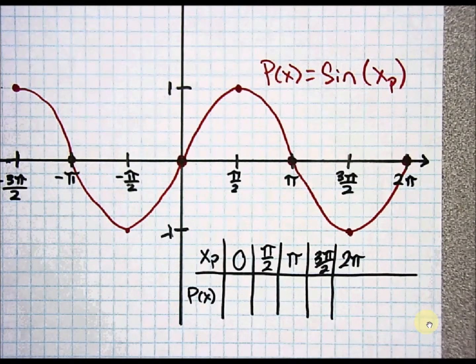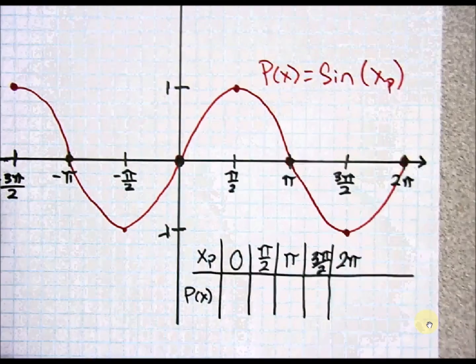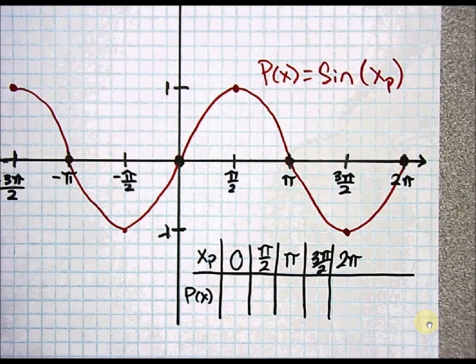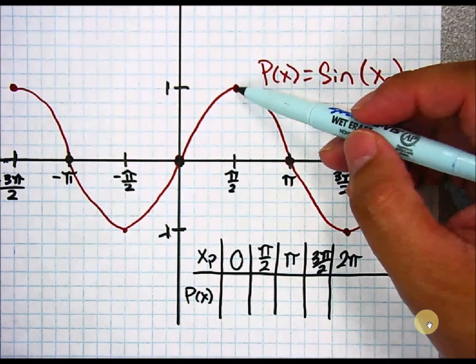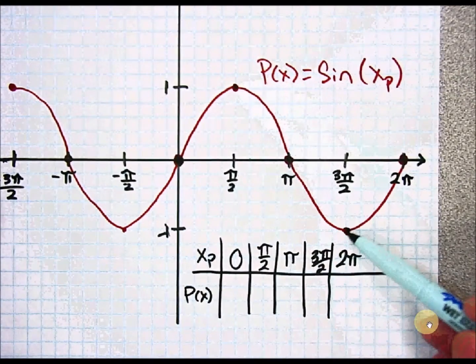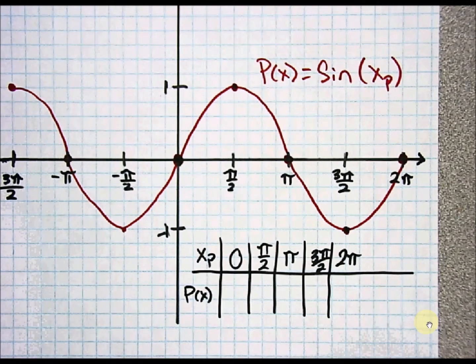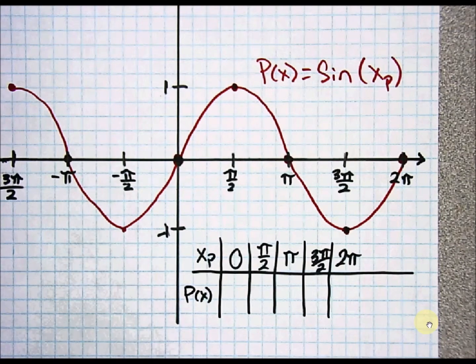Like I would only want to know the zeros, and you can clearly see there are three of them. I would also want to know this point up here and this point down here. All the other points are basically the same, and if I know the general shape of the function, it's all going to work out in the end.